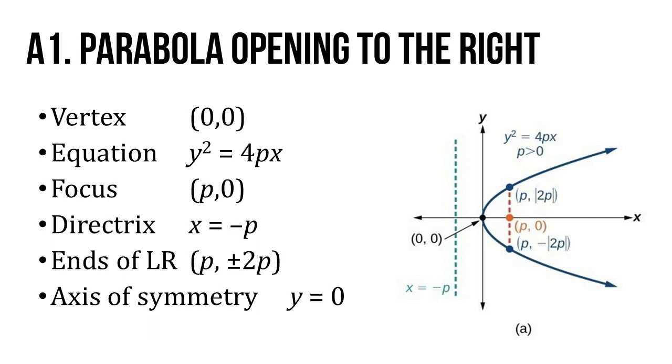The focus is (p, 0). The directrix is x equals negative p. The ends of the latus rectum are (p, 2p) and (p, negative 2p), so it is just represented as (p, plus or minus 2p). And the axis of symmetry is y equals 0.